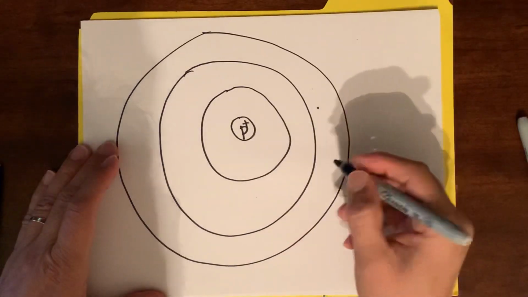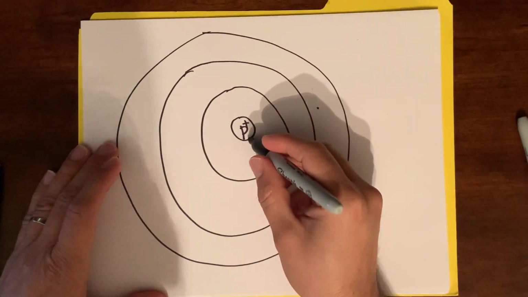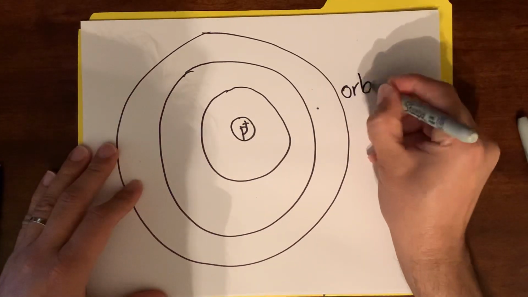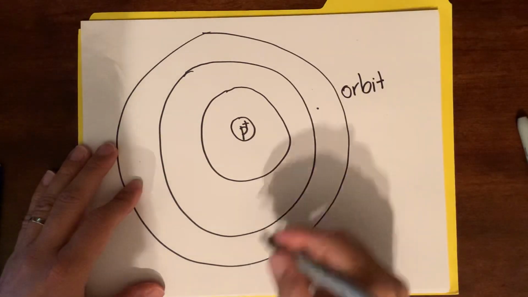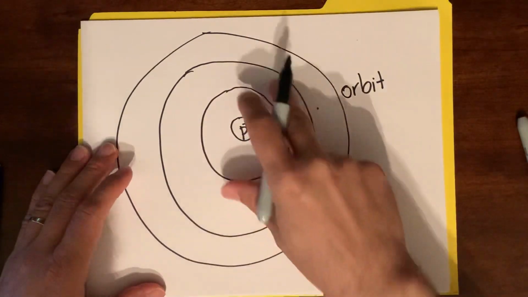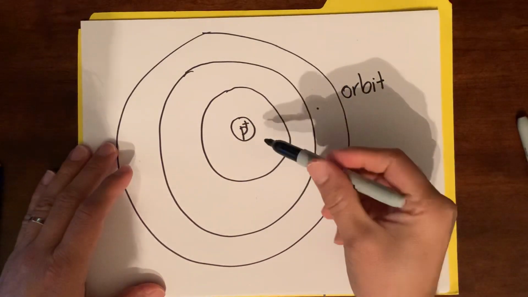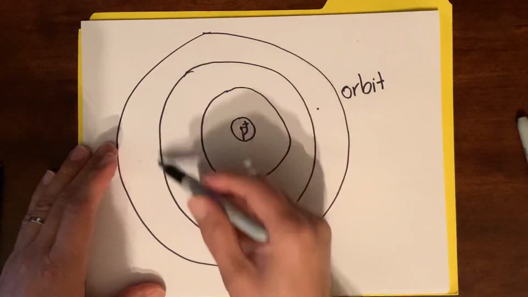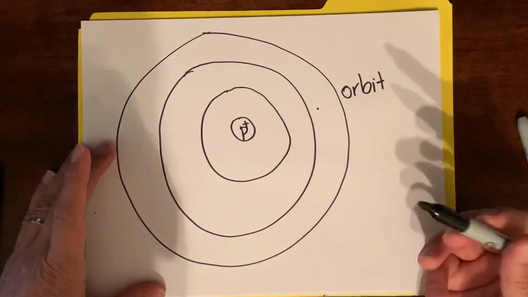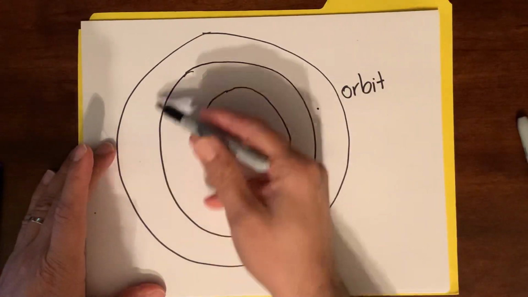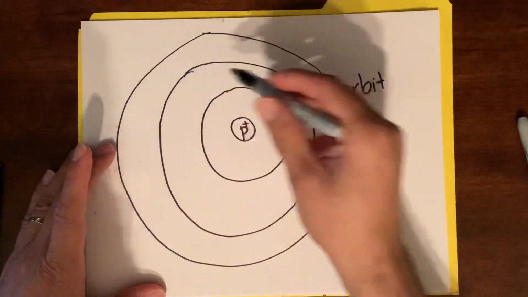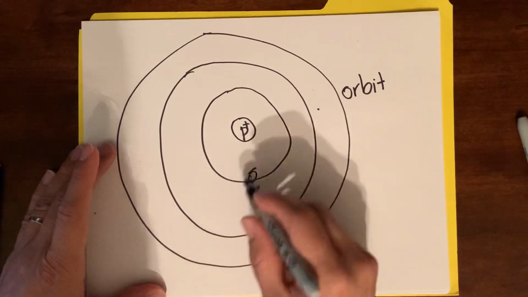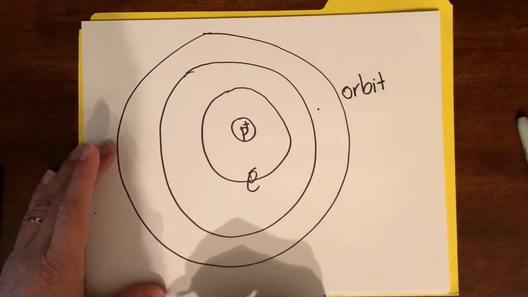Inside the nucleus we have protons and neutrons, and anywhere on these orbits there is a chance to find an electron. These orbits are the place that electrons use to hang around the nucleus.